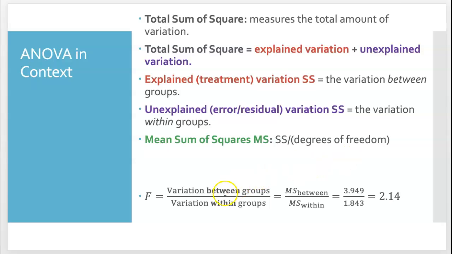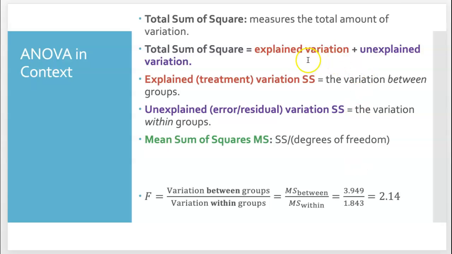We can't compare the variation between groups and within groups right away, they're like apples to oranges because they're on different scales. So we take the average squared distance and compare those two together, and that's what we get here.